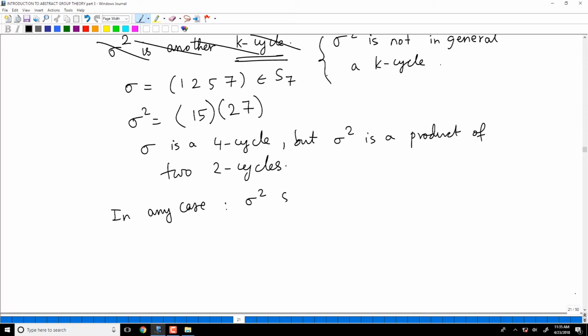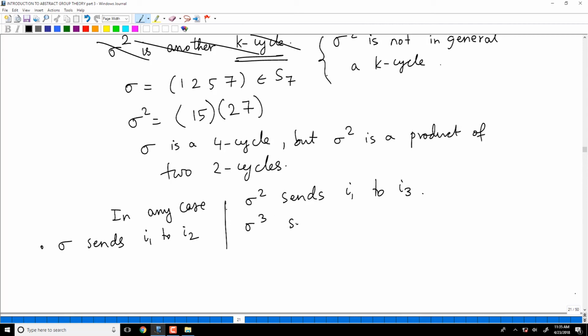sigma squared sends i1 to i3. What happens to sigma cubed? I'm going to keep track of what happens to i1 under each successive power of sigma. Sigma sends i1 to i2, right? This is the first step. Sigma squared sends i1 to i3.